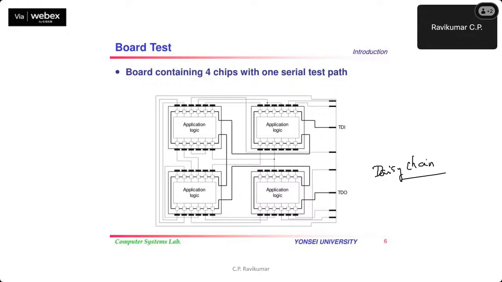So you see, imagine that we have to test this chip. Then you can see the test data in will have to go through a very long path like this. Okay, that may be very slow. And in this example, suppose this is the one that is being tested, it will be very bad. You will have to go through all these guys before you get to this.